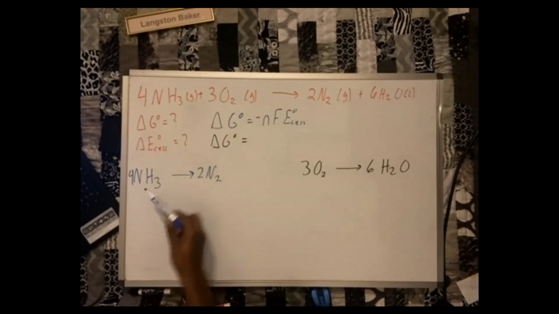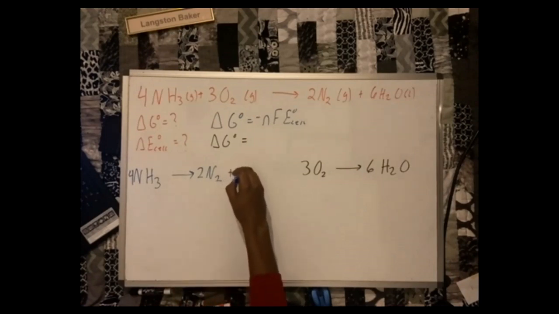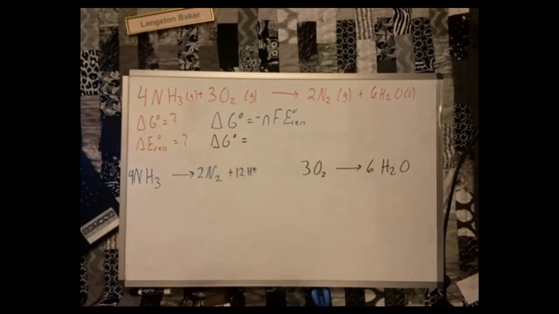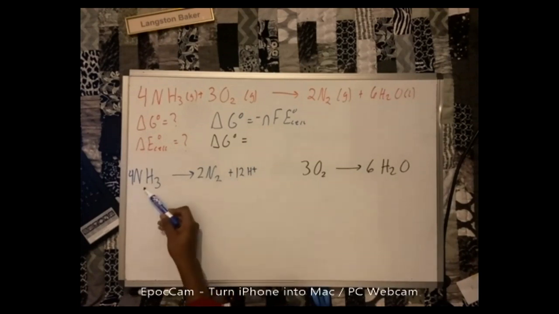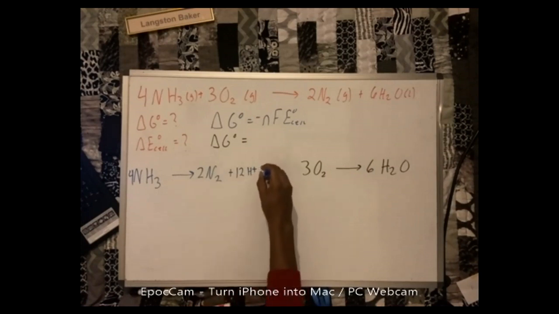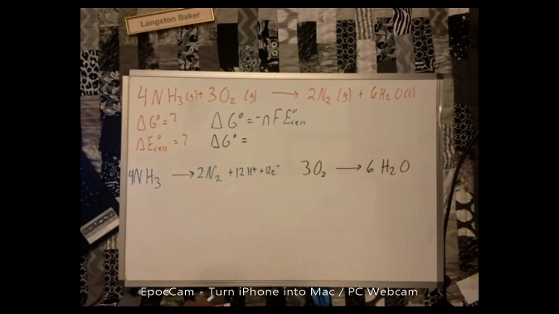There are 12 on this side, none on this side, so I add 12 H plus over there. Then I balance the charges. Now I have positive 12 over here, 0 over there, so I need 12 electrons on that side.